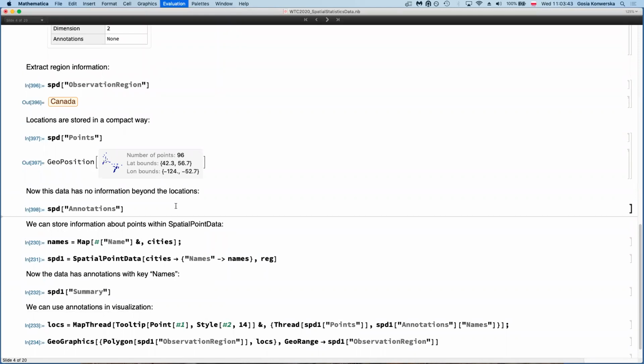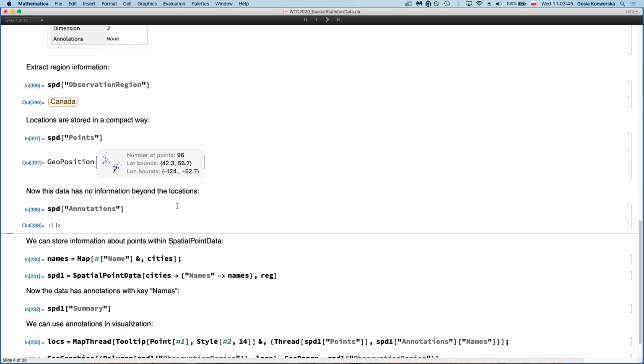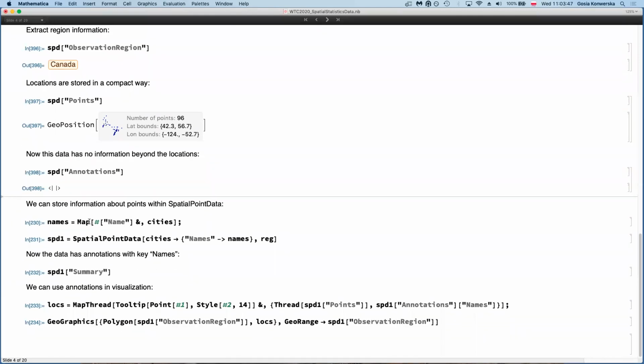As I mentioned, there are no annotations, so we got the empty association here, but we can add information about the points. Say I'm going to extract the names for all the cities, and then I'm going to create a new object that has the locations, but also has the information about the names for each city. That's our annotation. The way it's given is with a key, which is the name of the keys, the names.